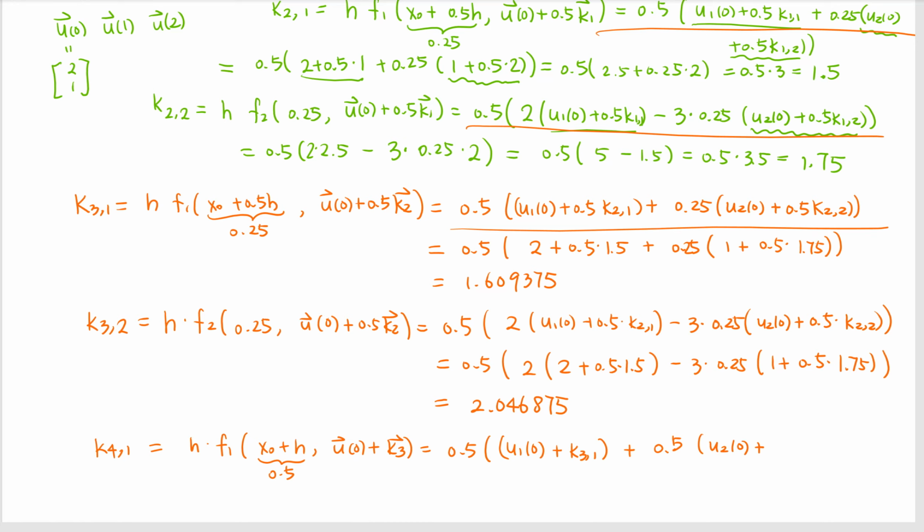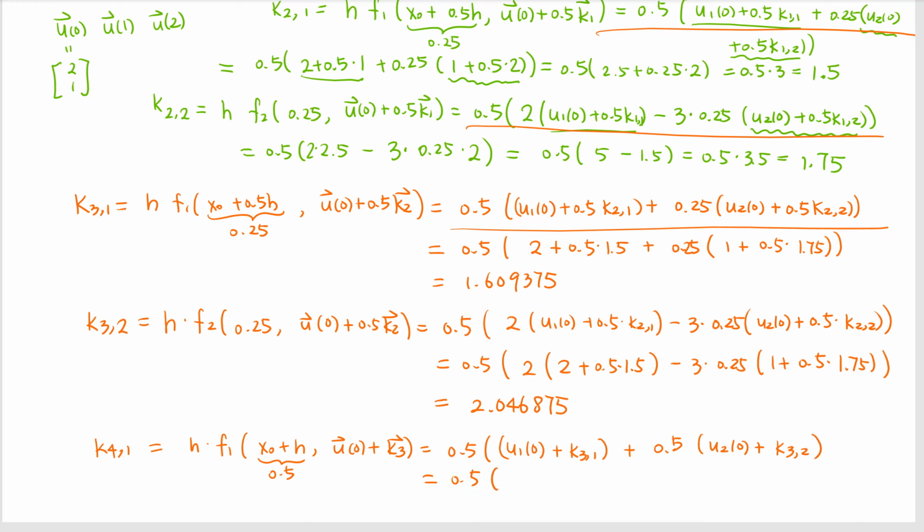So it's good to look at the last step and think about what's going to change, what is similar, what is the same. So then we just change, so we don't have this guy, okay? And we replace k21 by k31, and the x instead of 0.25, now we have 0.5, and here we don't have the 0.5, so just k32.